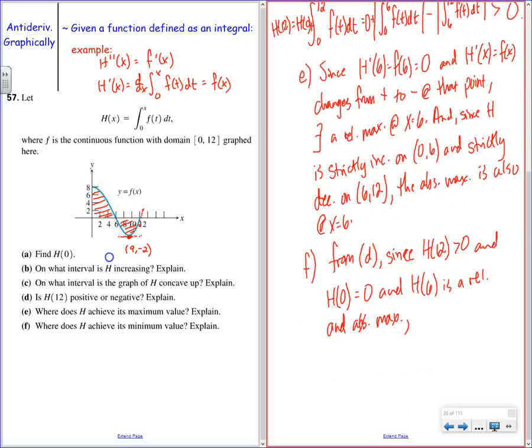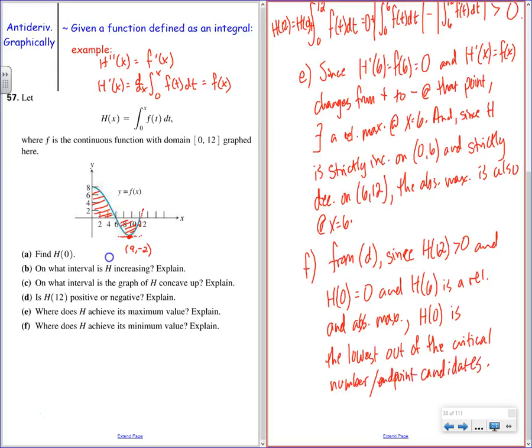H of 0 must be the absolute minimum, at x equals 0. Careful, they're asking for where.